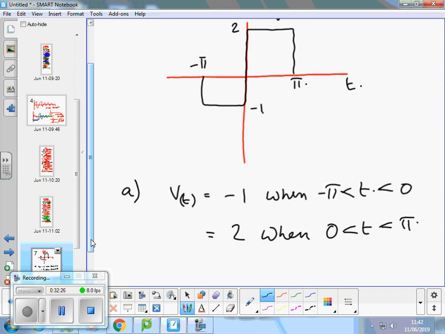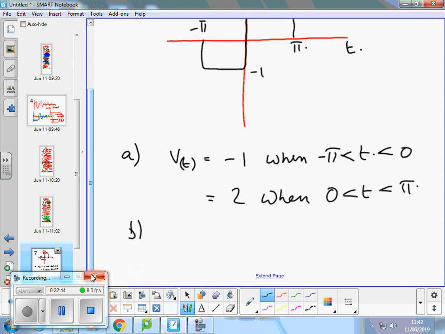Right, B, it says, show that the DC component of the series A0 is equal to 0.5 volts. Right, we've got the formula which you'll be given in the exam.